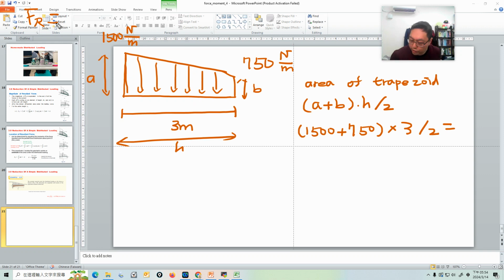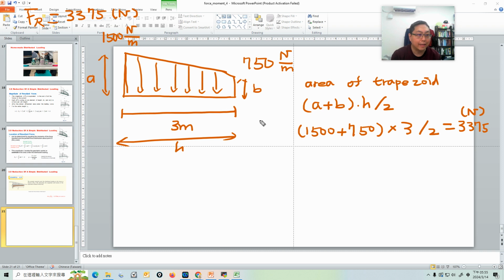Use your calculator, don't forget. It's 3375, and the unit is Newton. So we found the first one: the resultant force is 3375 Newton.